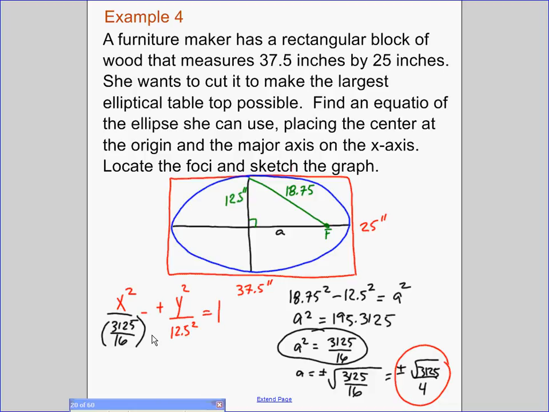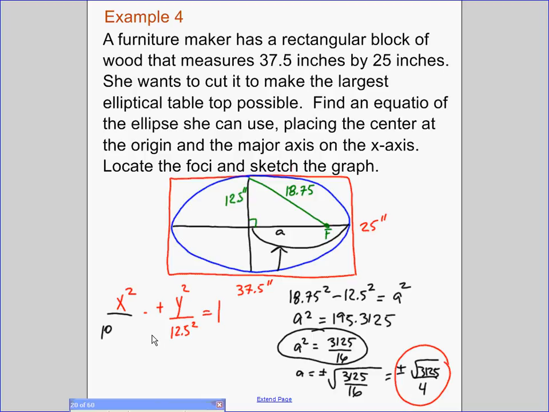And now the next thing we were supposed to do is to locate the foci here. Actually, I made a mistake. I'm sorry. This is going to be our foci here. This is not here, because this is our x. This is going to be this distance here. That's my mistake.